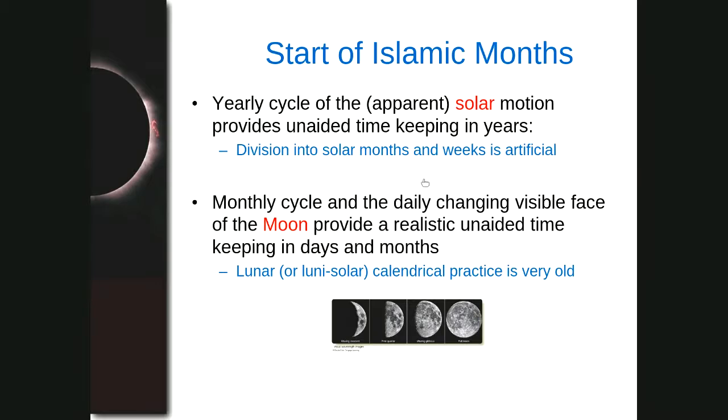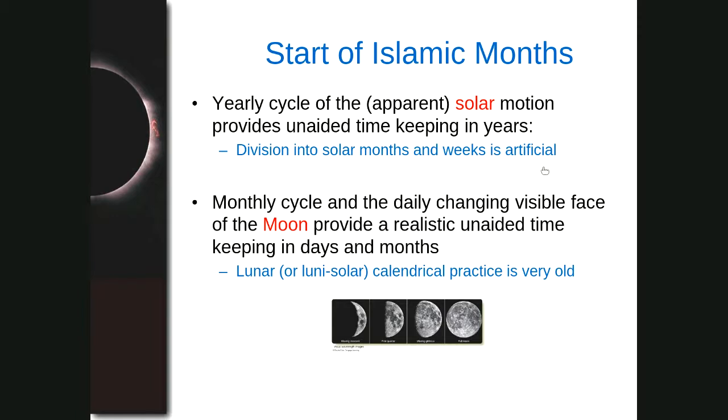Now, the division of the solar months and weeks is artificial here. You don't have something that tells you this is the first week or the second week or the third week, which month. That's artificial, so it's not something quick that you can decide on.